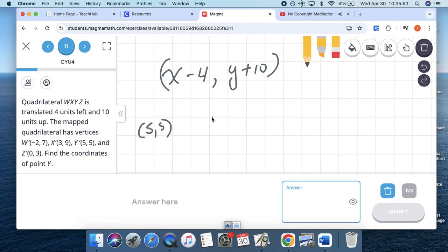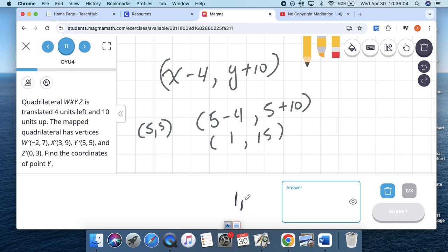So let's think about this for a second. If you're at 5 and you walk 4 to the left, and then if you're at 5 and you go up 10, where would you end up? If you walk 4 left, you end up with 1. And if you are at 5 and you go 10 up, you end up with 15. Do I not know my left from my right?